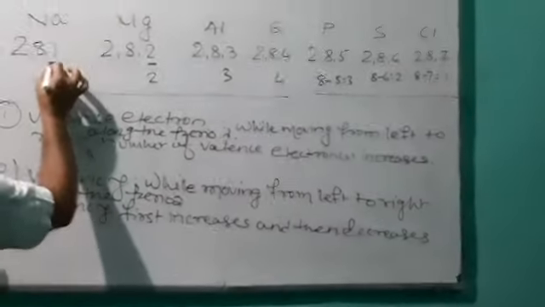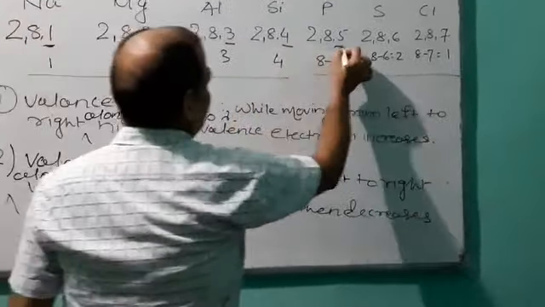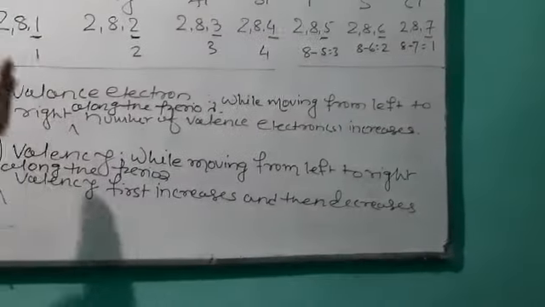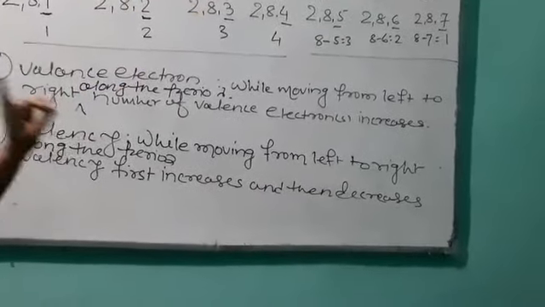Here you see the number of valence electrons 1, 2, 3, 4, 5, 6, 7. So the number of valence electrons increases while moving from left to right across the period.